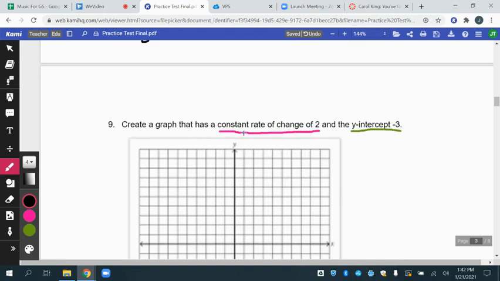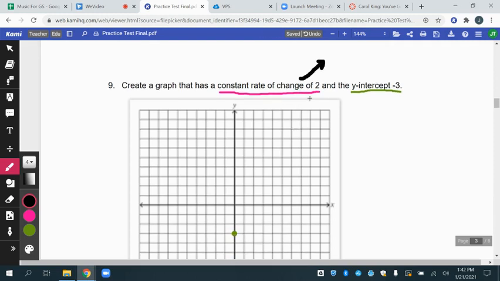The next thing we're going to do is figure out how steep it is. What I was just saying might happen. So we got to make sure that it has a constant rate of 2. 2 is positive, which means it's going to go up as it goes to the right. And specifically, remember, whenever we talk about slope, we're talking about y over x. This is the rate of change. It's how much it changes on y.